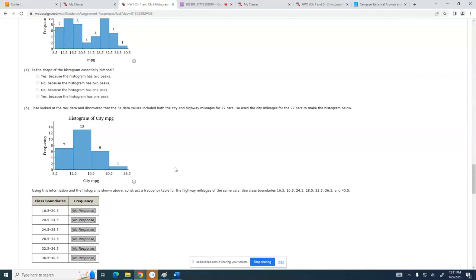But the next one is 24.5 to 28.5. We actually had a 4, but we didn't have anything here. What does it mean? They are all from the highway. So that must be 4. Nothing here, so the 4 will be here. And I don't know how much that was, but that will be here. And 5 and 1, all from the highway.